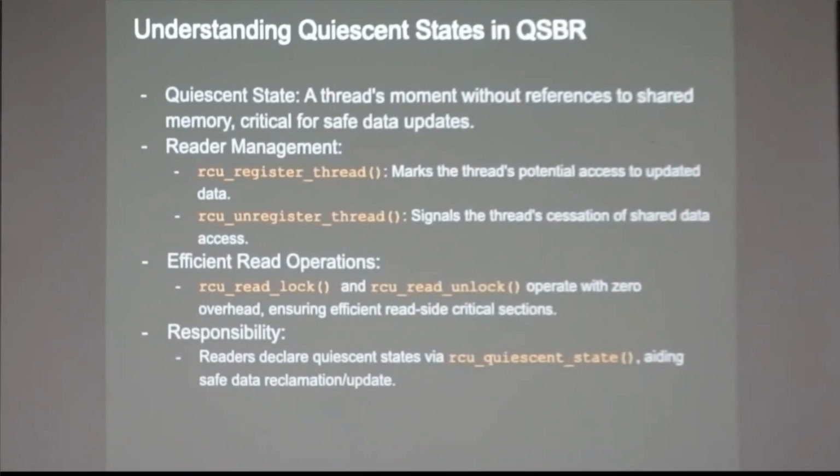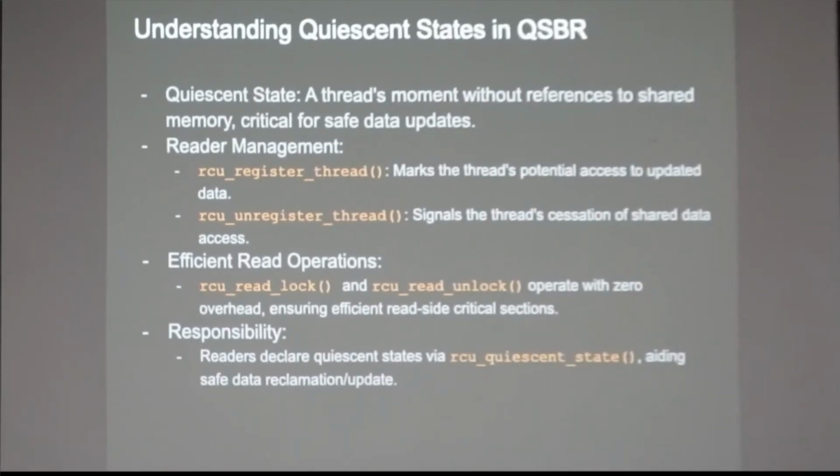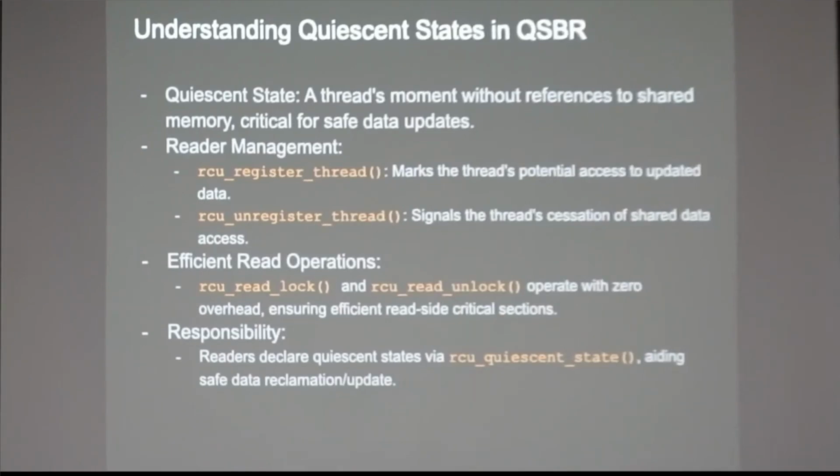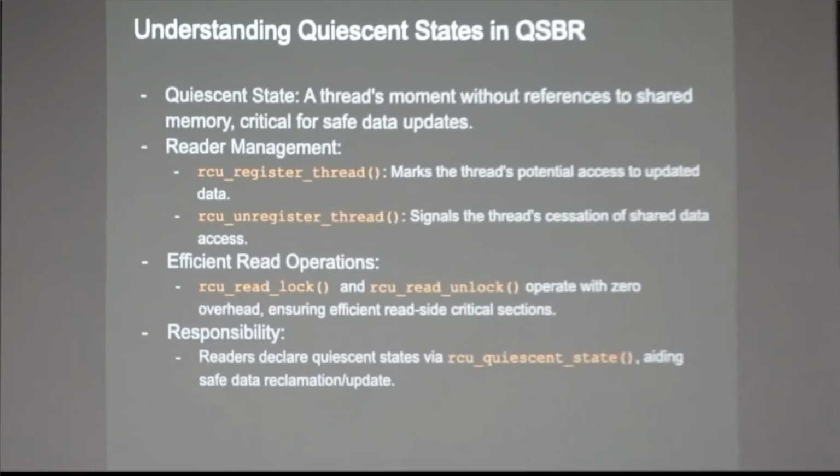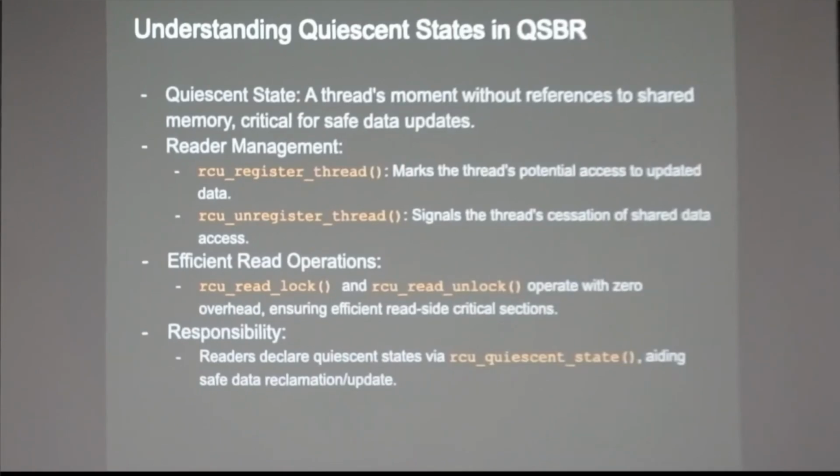Its design is quite simple. It defines a special state called a quiescent state. This means the thread has left a critical section and released all pointers to RCU protected data at that moment. To track which threads access the data, every reader has to call rcu_register_thread and rcu_unregister_thread.